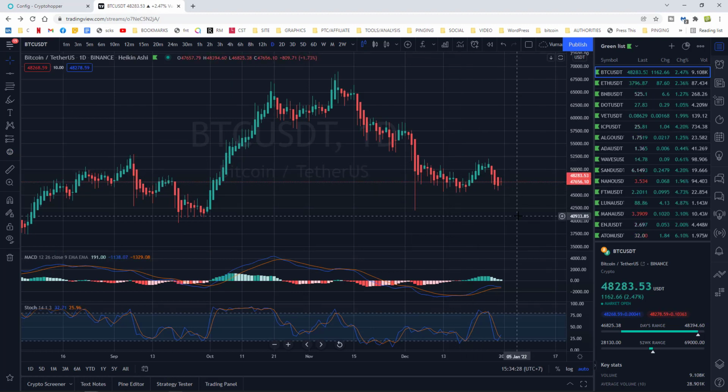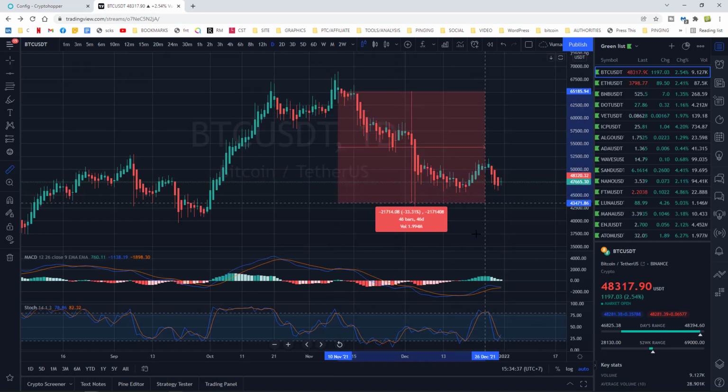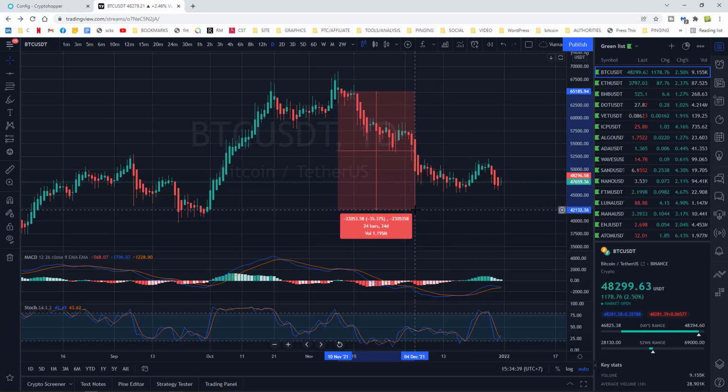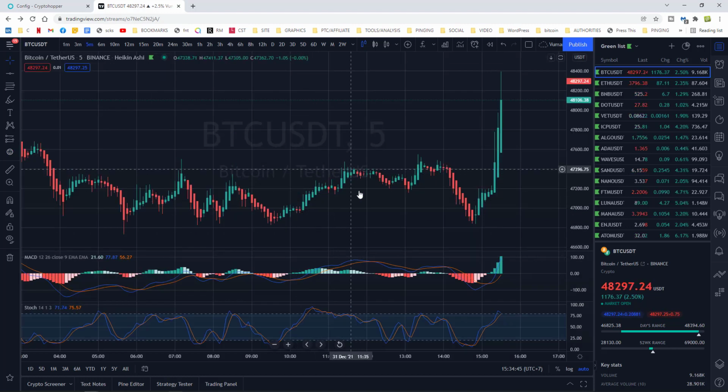Are we in a downtrend? Look at that, 1 day. From its top to its bottom was 24 days. How many 5-minute periods are within 21 days? You can get a lot of trading in. All right?